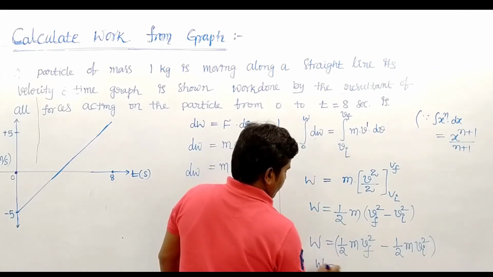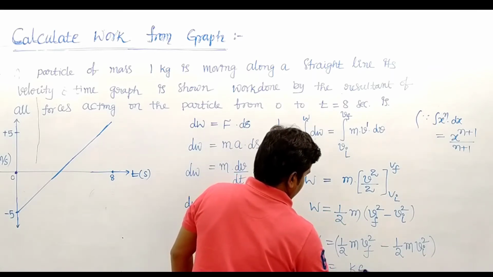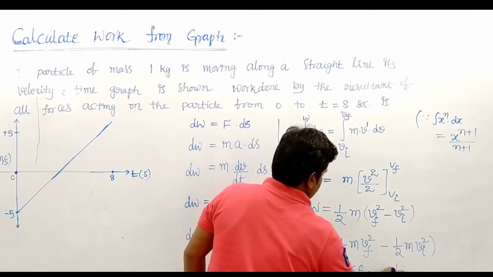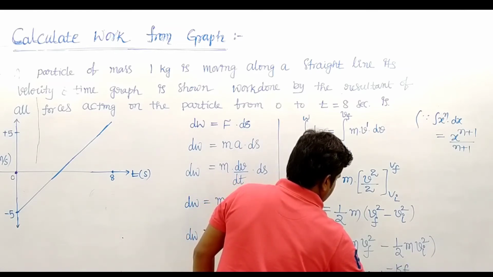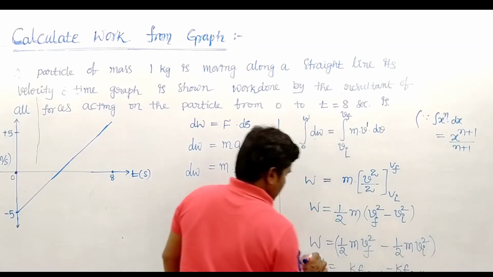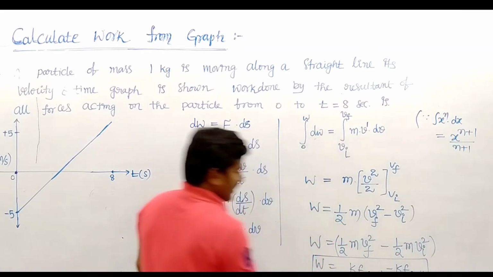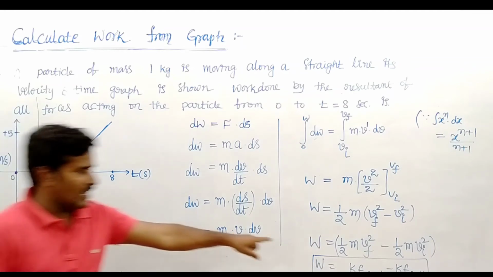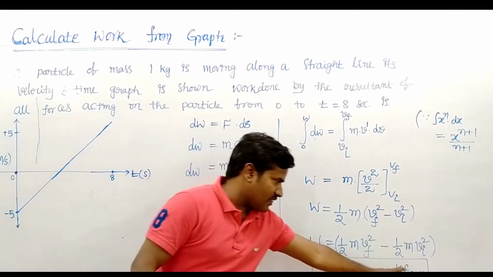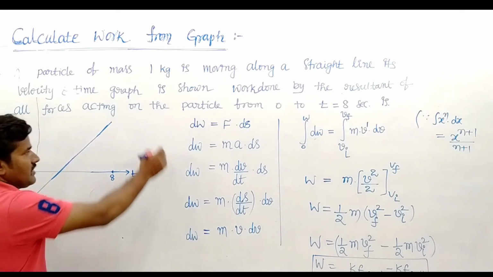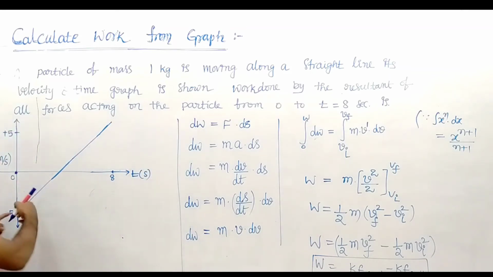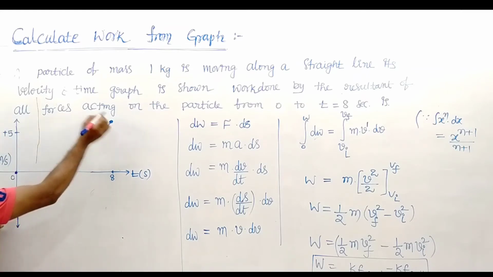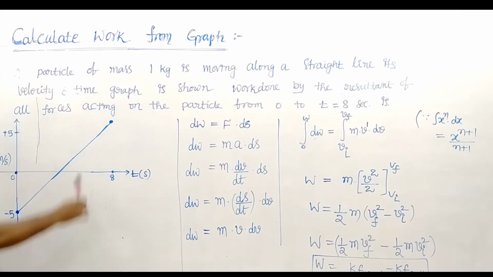Work done equals final kinetic energy minus initial kinetic energy. Change in kinetic energy is nothing but work done. This is called the work energy theorem. Initially some kinetic energy is there, finally some kinetic energy is there.